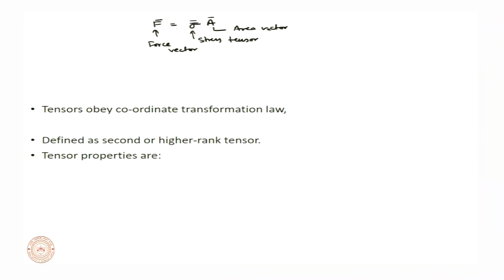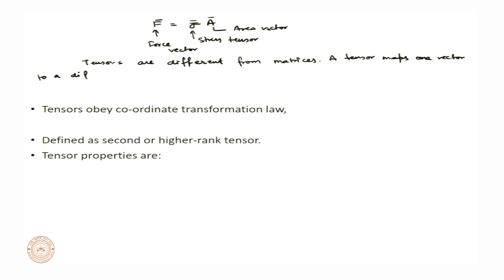Okay. So, there is a difference between a tensor and a matrix. So, tensors are different from matrices. A tensor maps one vector to a different vector.